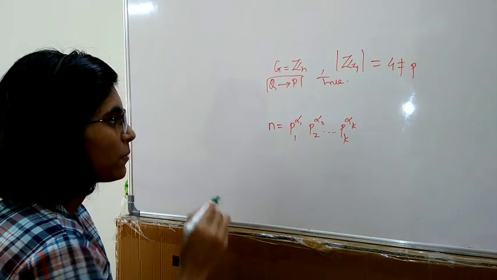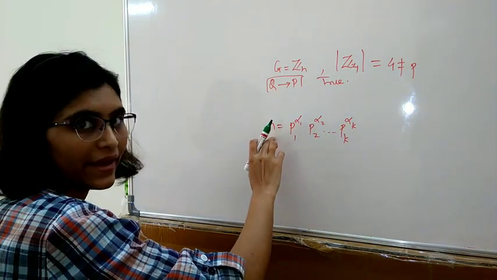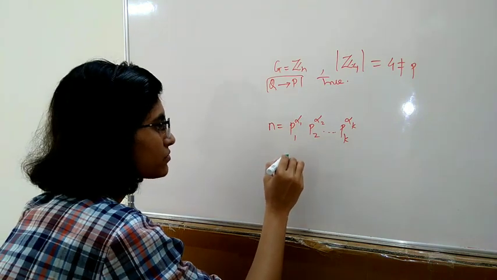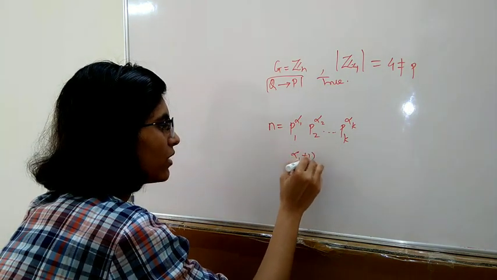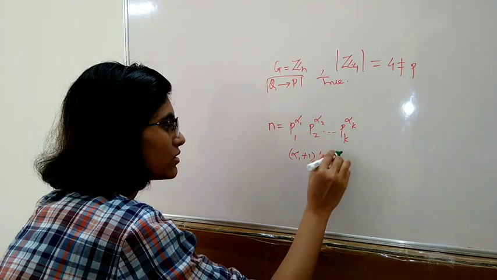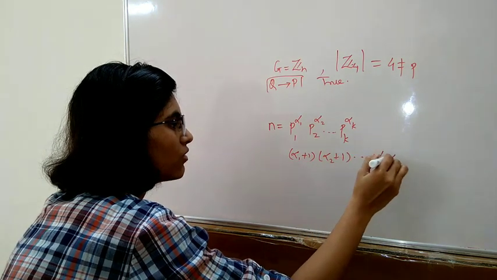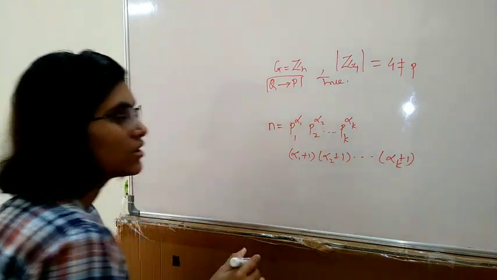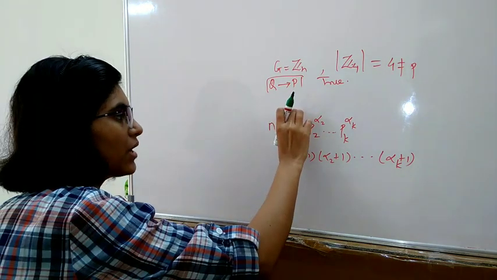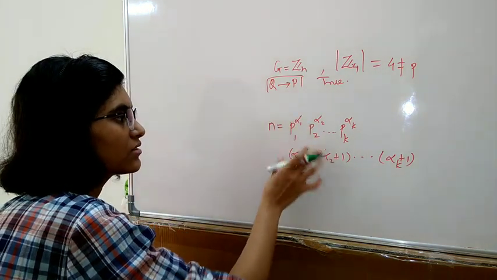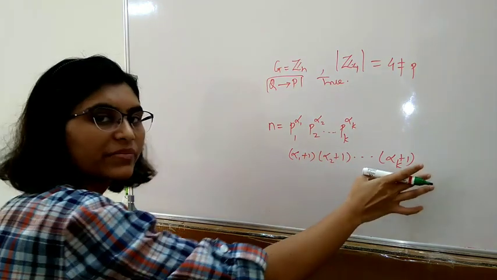Then the number of positive divisors of n is given by (alpha 1 plus 1) times (alpha 2 plus 1), and so on, times (alpha k plus 1). That means just take each power, add 1 to it, and take the product.